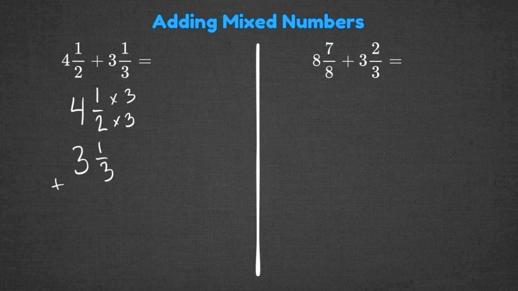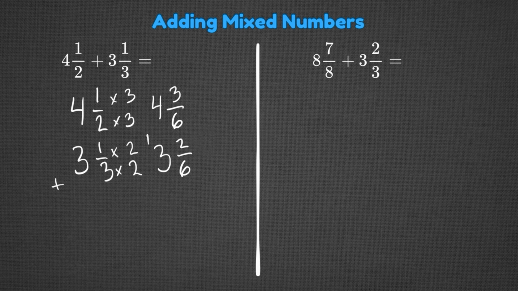So now at the top I'm going to have 4 and 3/6, which is the same fraction. When it comes to 3 and 1/3, I need to get this to be a 6 denominator as well. So I'm going to multiply the 3 by 2, and I'm going to be left with 3 and 2/6.